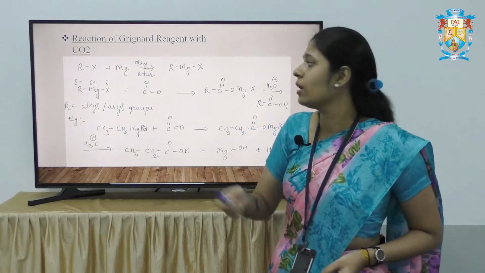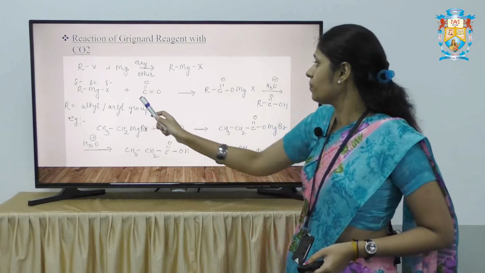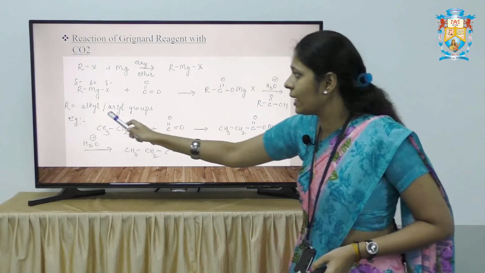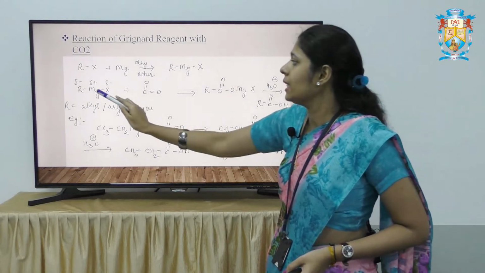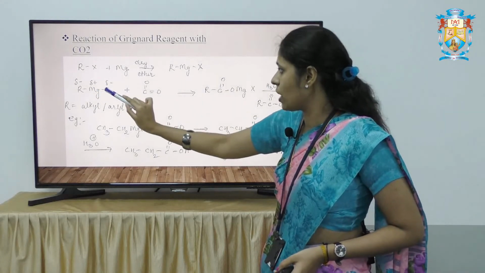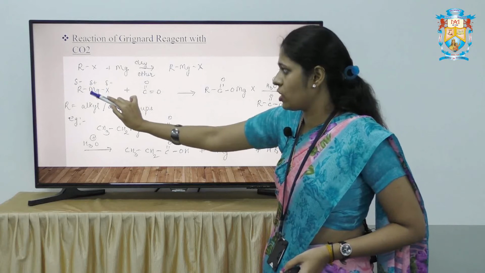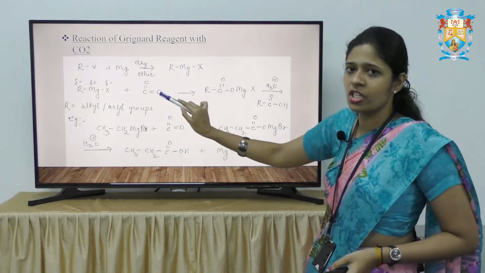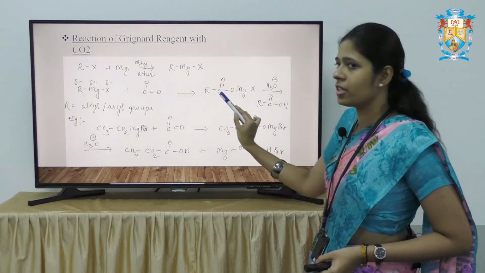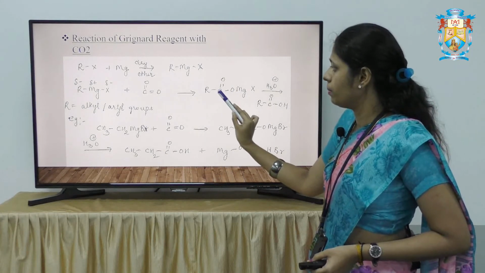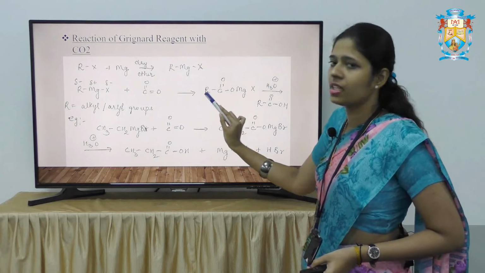So there will be a reaction wherein the negative charge will get attached to the positive charge, that is your carbon, and the negative charge and the positive charge will move on to the oxygen atom. So you can see there the negative and positive together, the positive and the negative together.